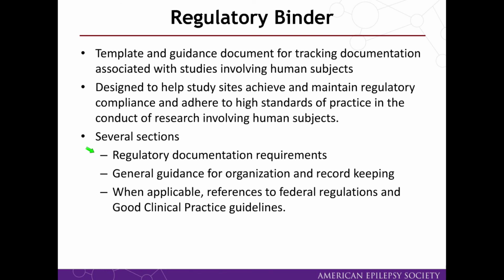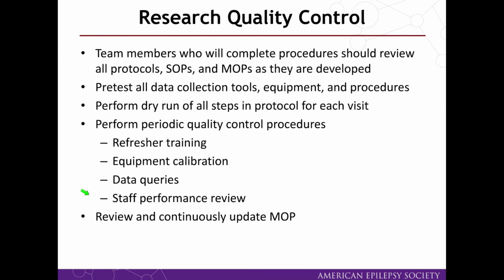So the sections include both regulatory documentation, general information about organization and record keeping, and then references to other federal regulations. In your supplemental materials, there's a list of all of the tabs that are required for the regulatory binder, but I want you all to stay awake, and so I'm not going to list those right now.